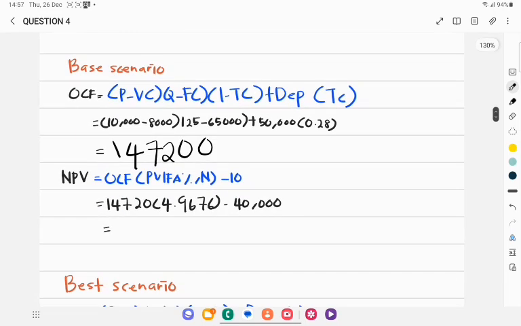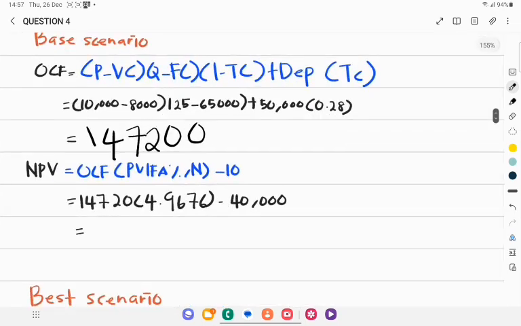Next, we calculate the NPV, for which the formula is OCF multiply PVIFA minus IO. So 147,200 multiply 4.9676 minus 100,000. So the answer is 631,230.72.